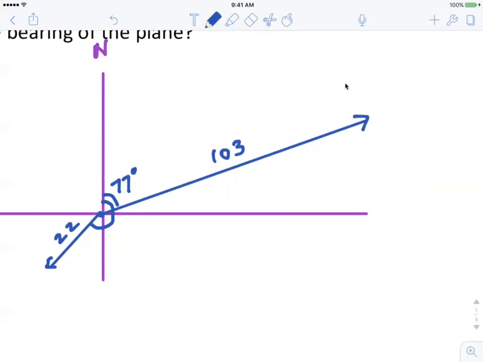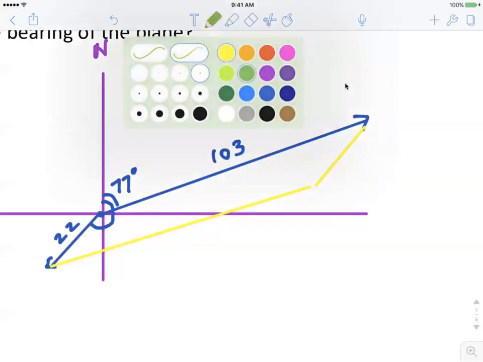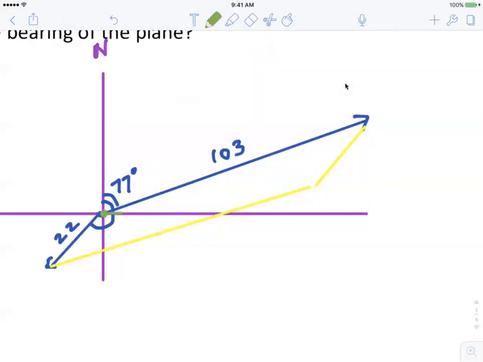Now I'm going to draw this parallelogram with those two sides. Let's see if we can get a somewhat accurate drawing here. I'm going to finish off my parallelogram with something like this. Close enough. The resultant vector is the diagonal of that parallelogram, from there to there.